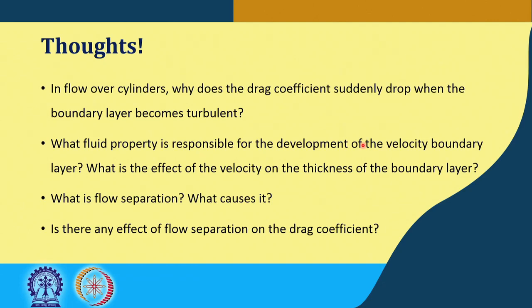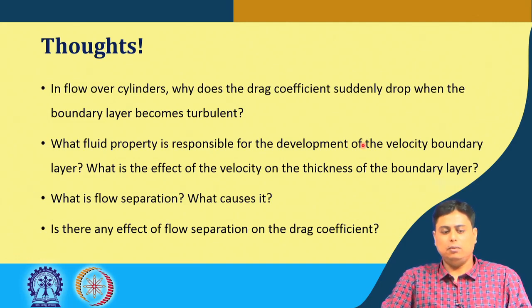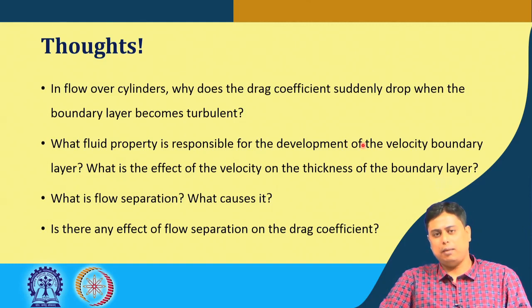Isn't it contradictory, shouldn't it happen the other way around? But in reality, when there is flow over cylinders, the drag coefficient suddenly drops as the boundary layer becomes turbulent. Why does this happen? Let me give you a hint. It has to do with the flow separation point.